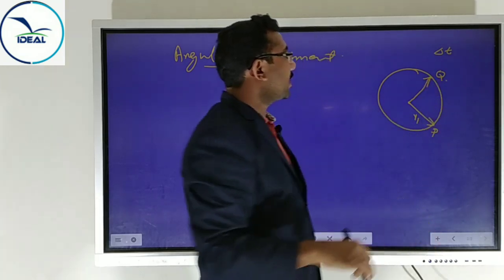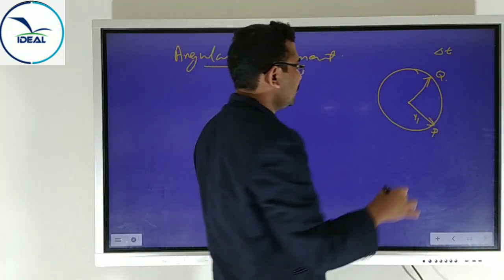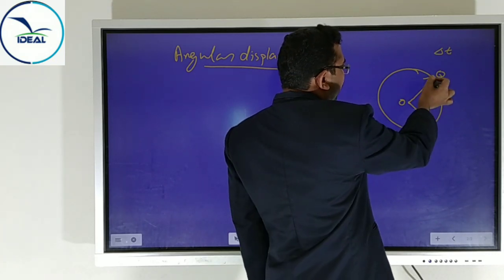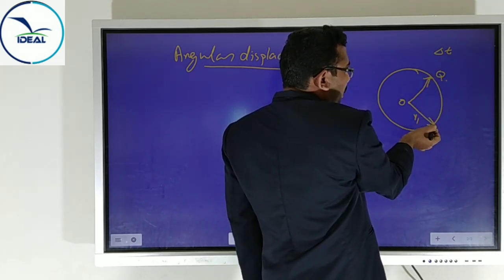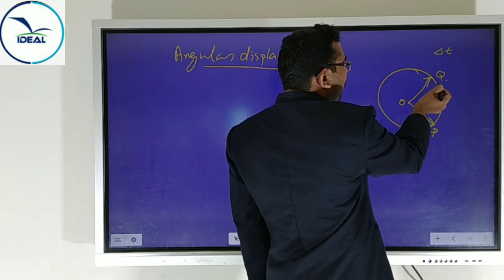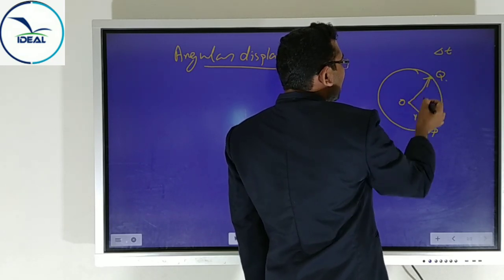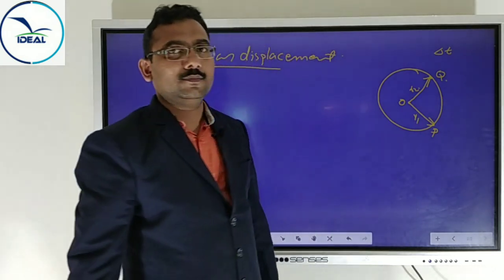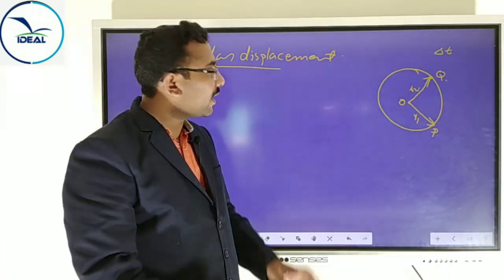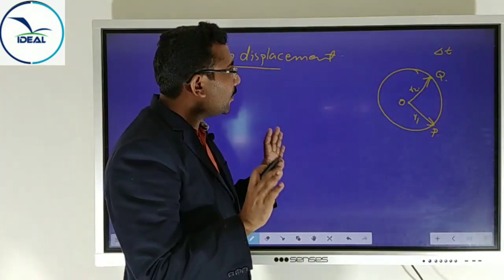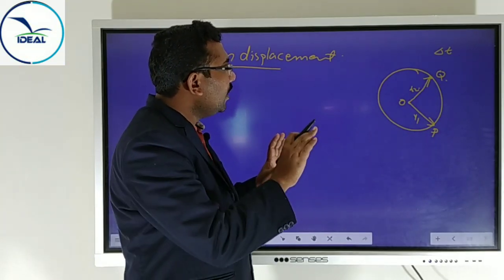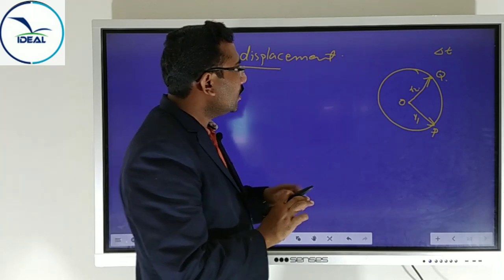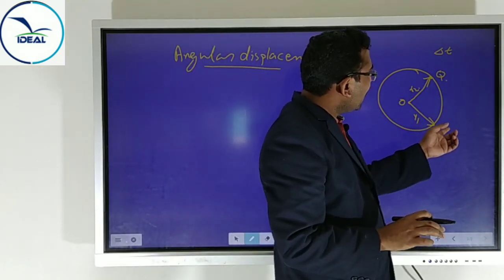If the body moves from P to Q, the radius vector changes its direction from r1 to r2. All are vectors, we consider both magnitude and direction. The radius vector magnitude is the same, but direction changes instantaneously.